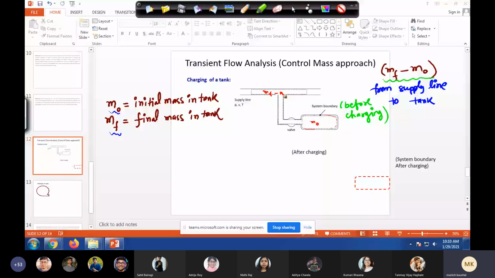Okay. So basically, we can use different colors. If I use gray color, then this is M naught. And if I use a different color, here we have MF minus M naught.